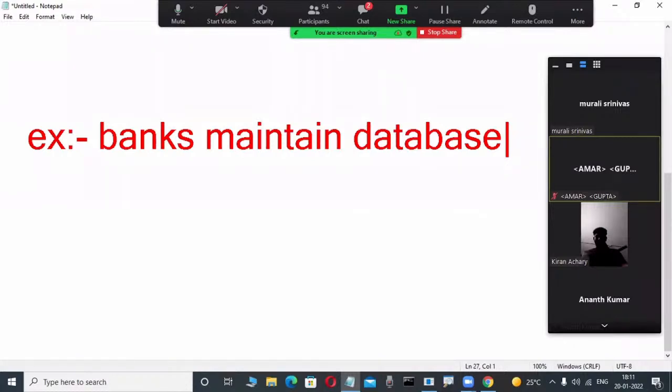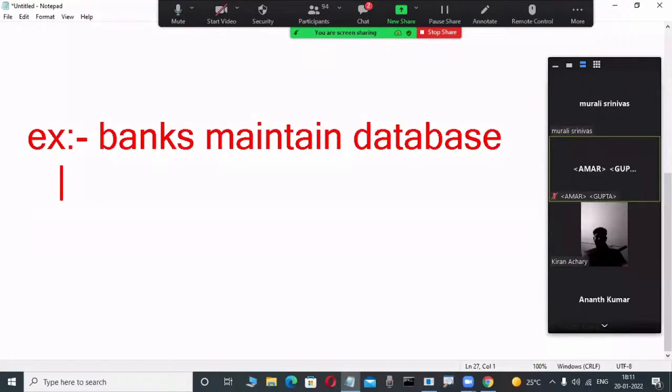Suppose customers withdraw some amount. Those details they also want. Again, some people transfer money from one account to another account, either online or offline. All the transaction information they want to store permanently. Then only can we operate all the things. That's why banks maintain databases.